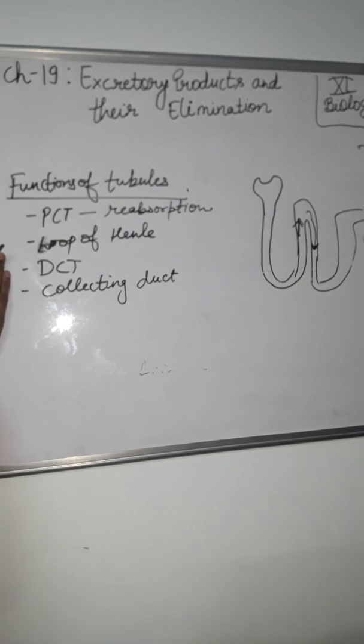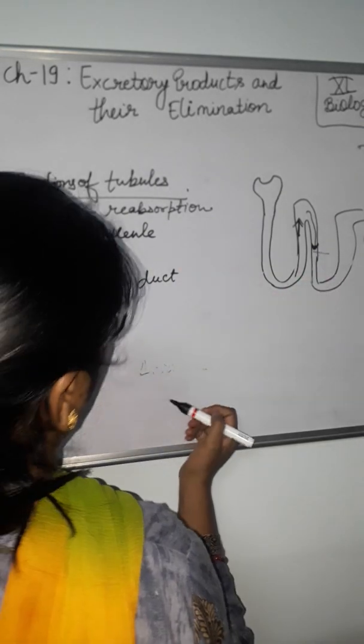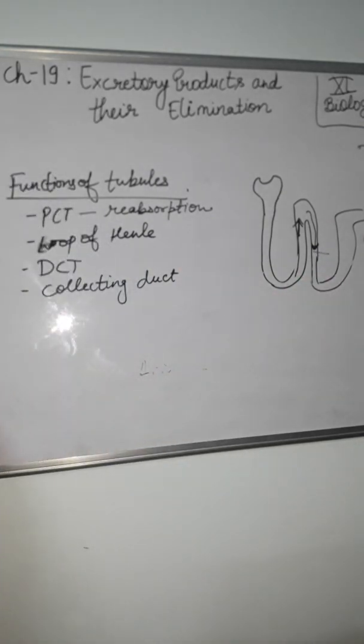interstitial fluid. The descending limb of Henle's loop is permeable to water. This one is permeable to water, descending limb. The descending limb of loop of Henle is permeable to water but almost impermeable to electrolyte.